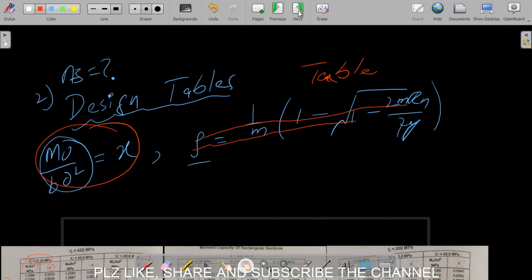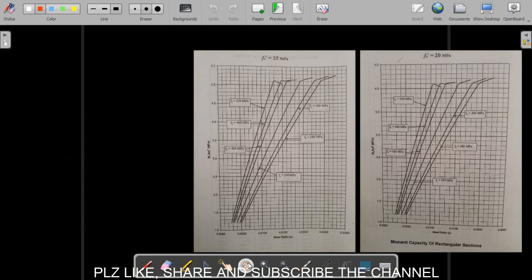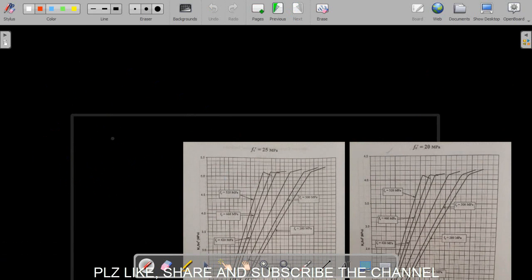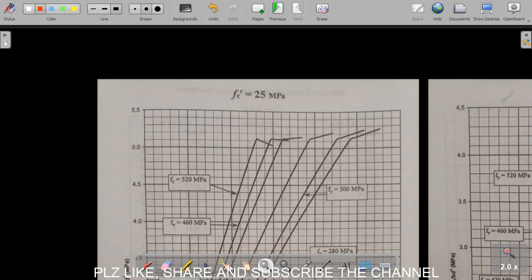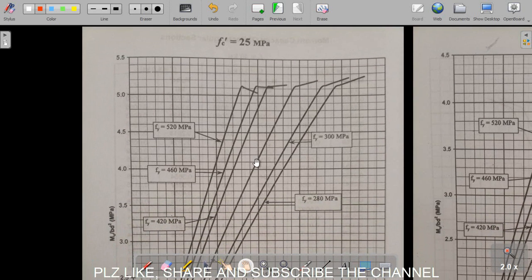The next method is the design graphs method. The design graphs method is simple. This is method number 3, using design graphs. You can see in this graph, which is for around 20 MPa, this is 3.5 KSI.